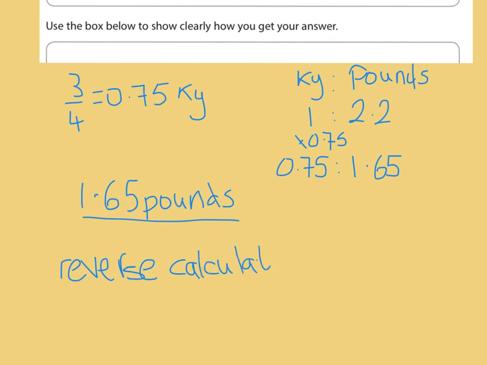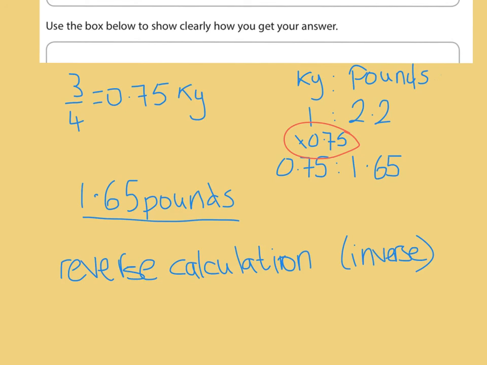And that means I need to think about what calculation I did and then do the inverse of it. An inverse is just the mathematical opposite. So what I actually did in this calculation was multiply by 0.75. I did 2.2 multiplied by 0.75.